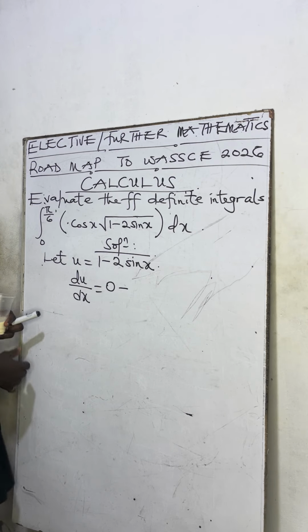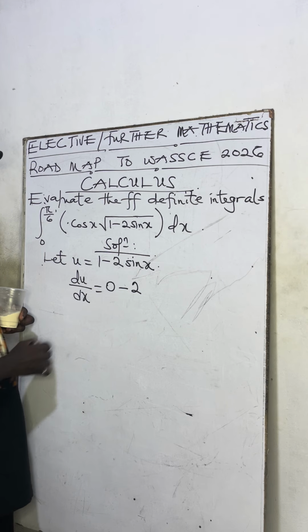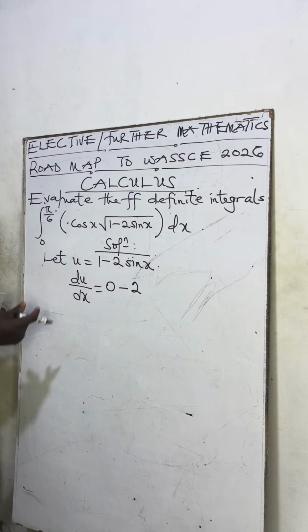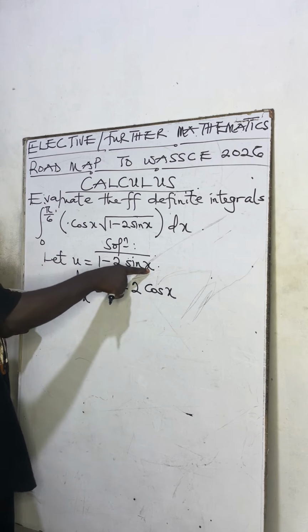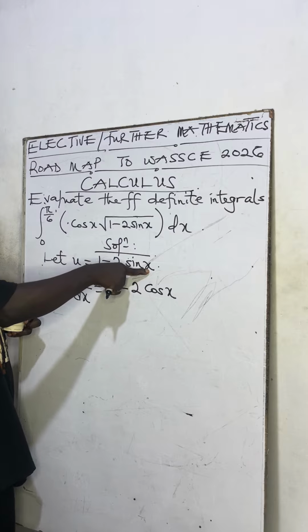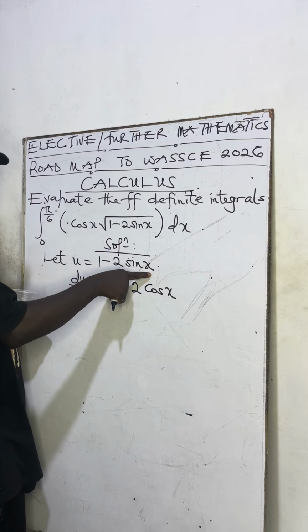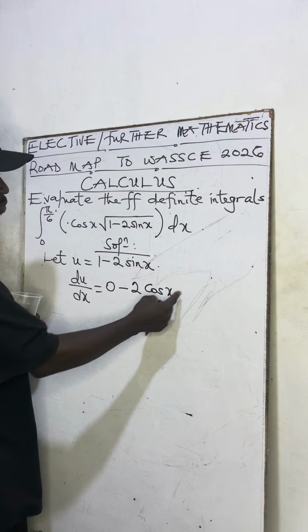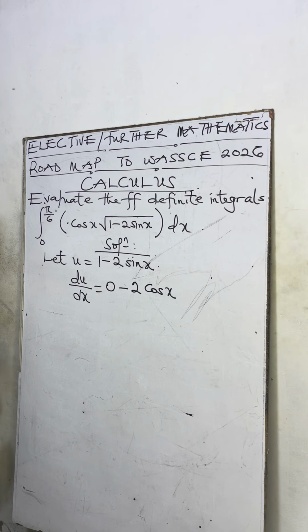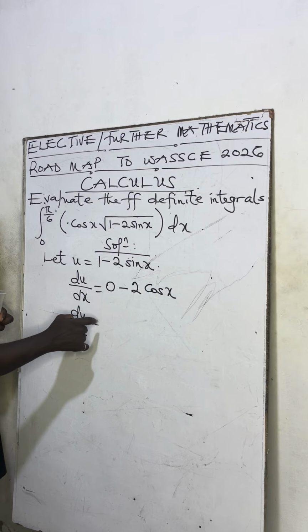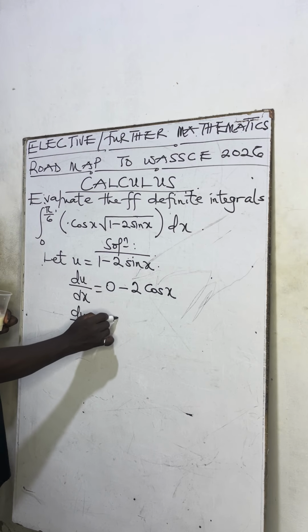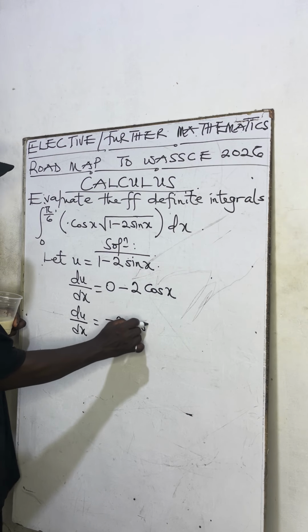Then we differentiate sine x, and you will get cos x. Then you differentiate the angle x, and you get 1. So 1 times that is still 2 cos x. So we write du dx is equal to 0 minus 2 cos x, which is negative 2 cos x.